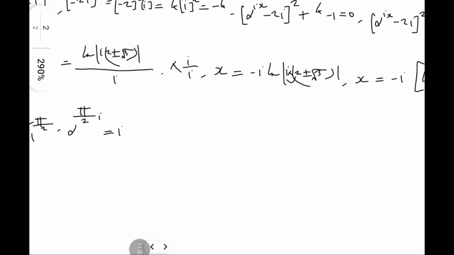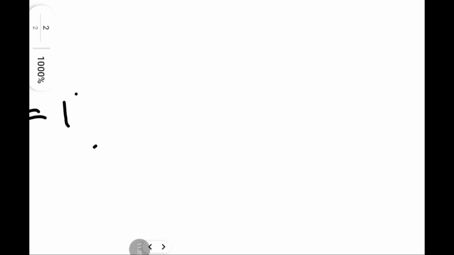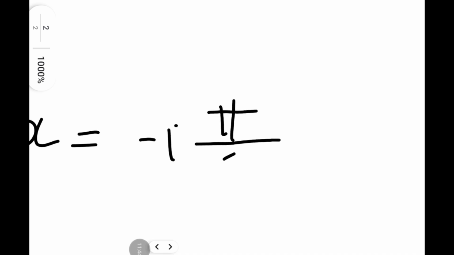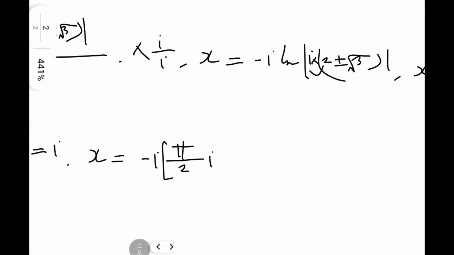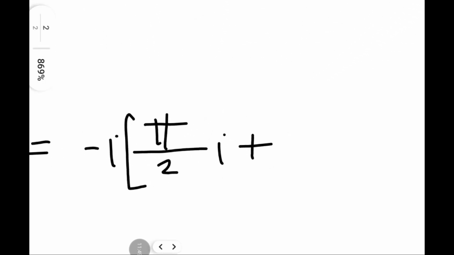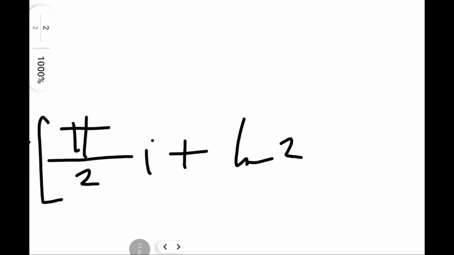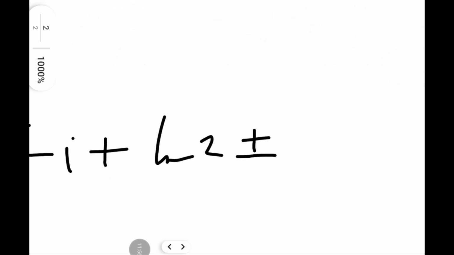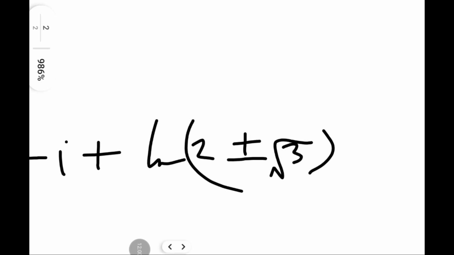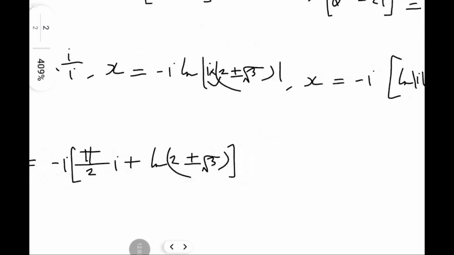So therefore x is equal to negative i times pi over 2 i, plus or minus ln of 2 plus or minus root 3, like this. And that's the form that we have it in now.